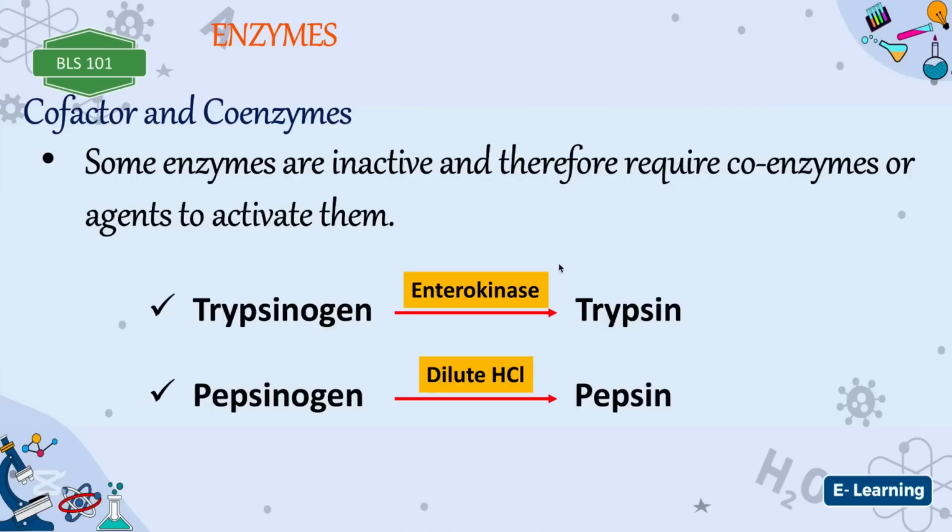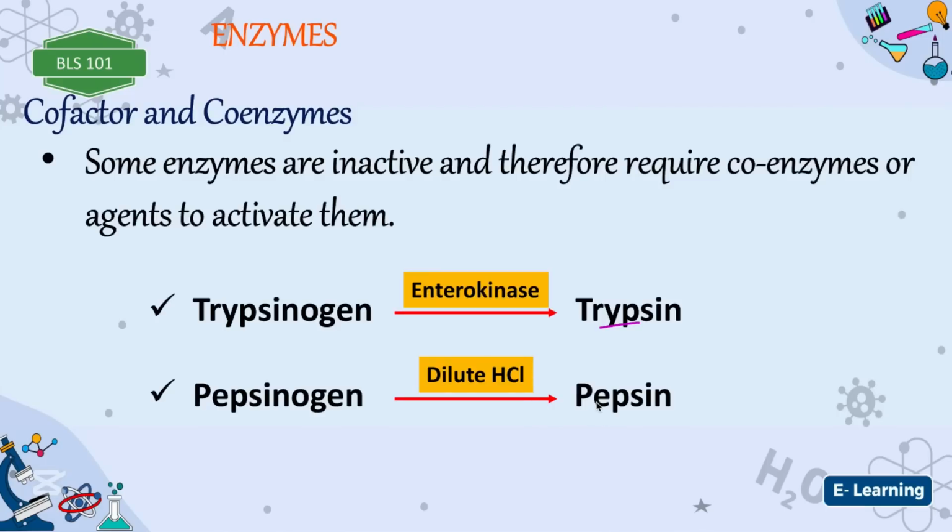Now, some enzymes are inactive and therefore require coenzymes or agents to activate them. An example of such an enzyme is trypsinogen, which requires enterokinase to be converted to what? Trypsin. Another example is pepsinogen, which requires dilute HCl to be converted to what? Pepsin.